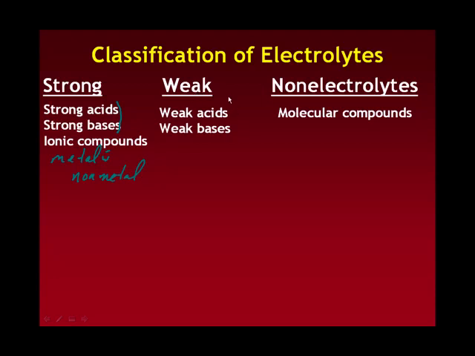Your weak electrolytes, they're going to conduct electricity a little bit. Those are weak acids and weak bases. And then your non-electrolytes are your molecular compounds, which have covalent bonds, which means they are nonmetals with other nonmetals. Okay.